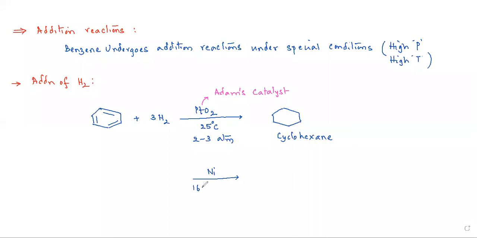But here the temperature needed is 160 to 170 degrees centigrade. And of course, a very high pressure is also needed. Even here also we get cyclohexane. Okay. Next.